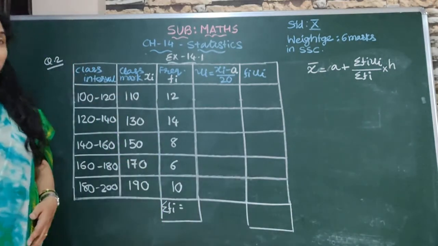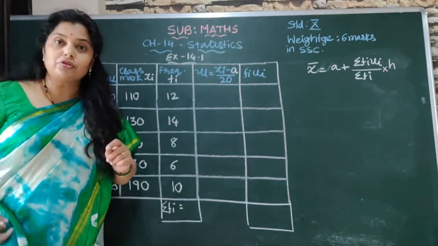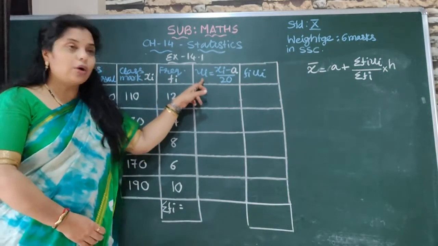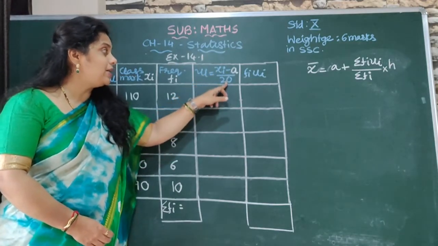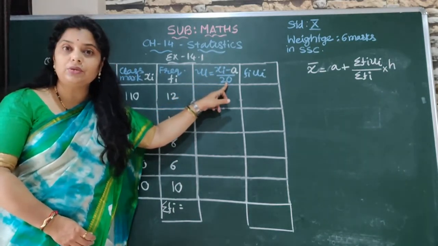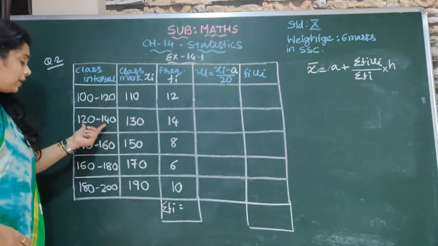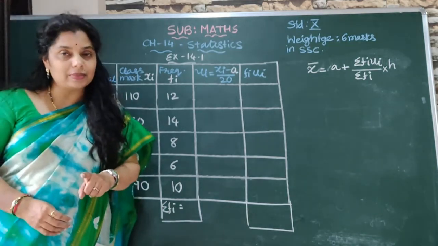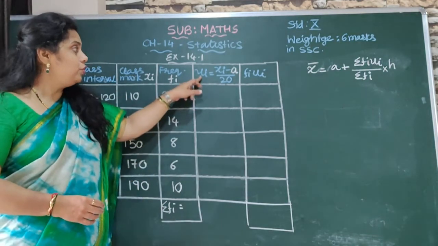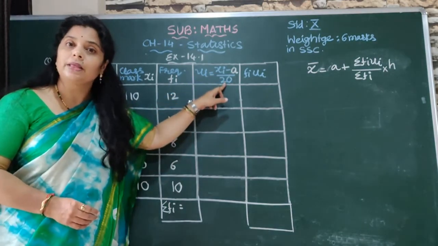So let's start the calculation. Now I am showing you how to calculate. First of all, to find ui, its formula is (xi minus a) by 20. Why have I written 20? Because the class length of each class is 20. Therefore ui is equal to (xi minus a) by 20.